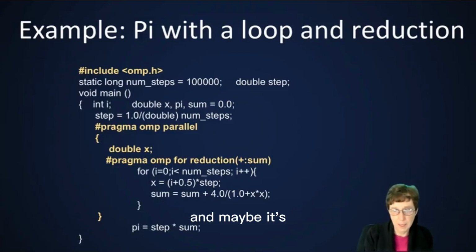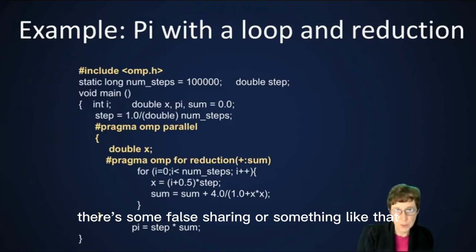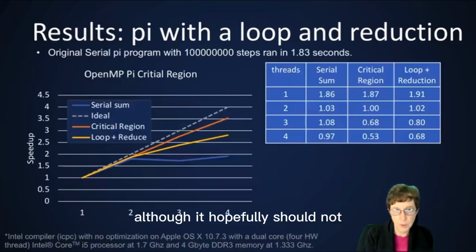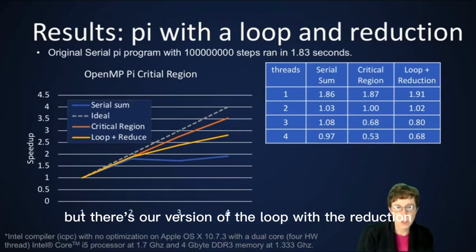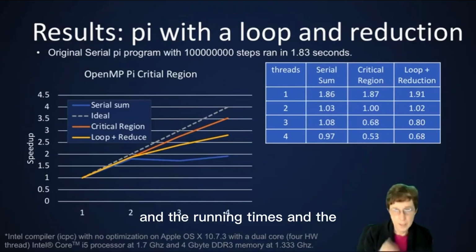And maybe there's some false sharing in the way it generates the code, although it hopefully shouldn't be doing that if it has separate sum variables that it's accumulating into. But there's our version of the loop with the reduction, the running times and the speedup that we get.